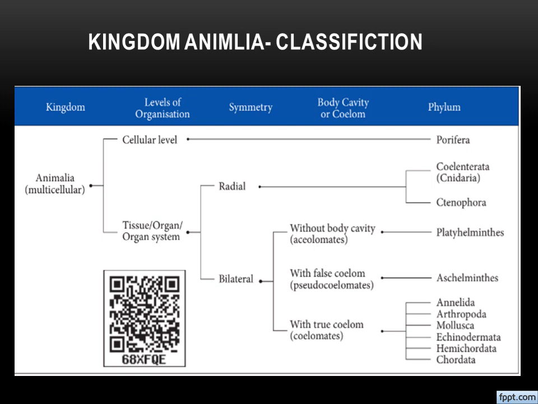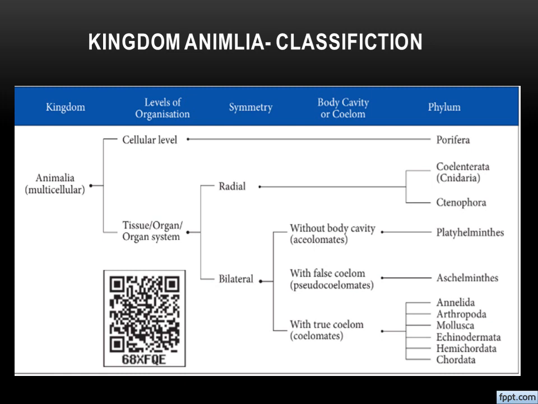What are the two? First, the cellular level of organization, and the rest we can say as tissue level, organ level, as well as organ system level of organization, right? So whatever characters we have learned so far, they have given as per this outline.